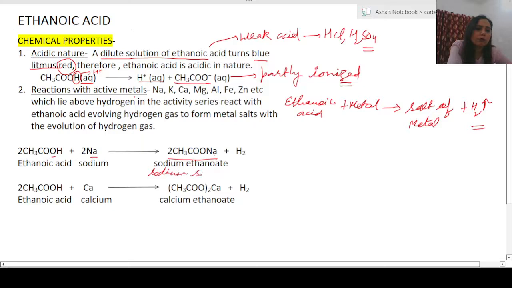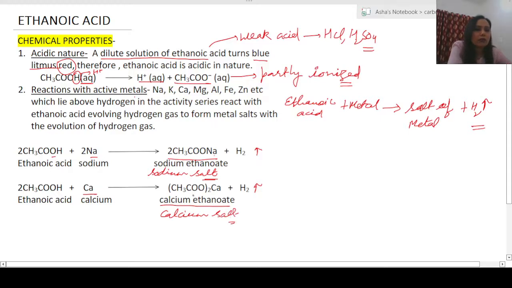Now similarly, if ethanoic acid is made to react with calcium, then again it will form calcium ethanoate along with evolution of hydrogen gas. Here also hydrogen gas will be evolved. You can simply write calcium salt.